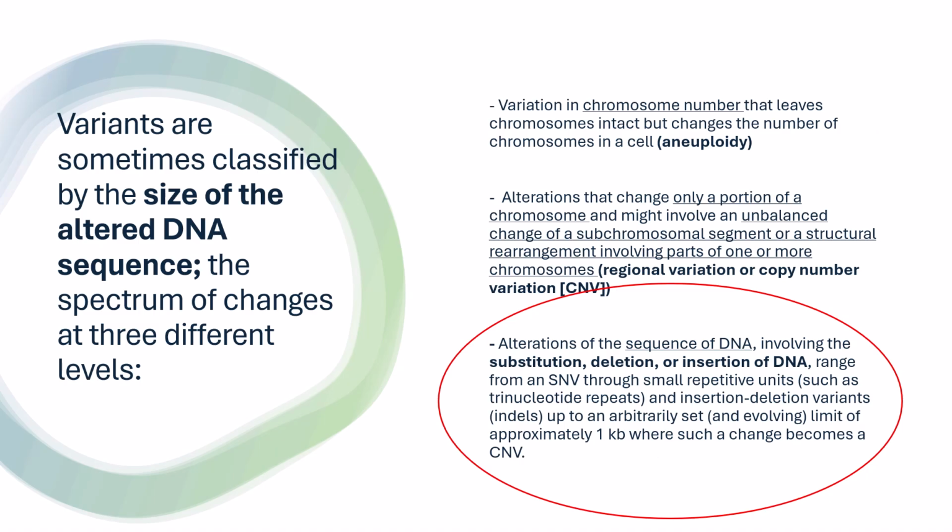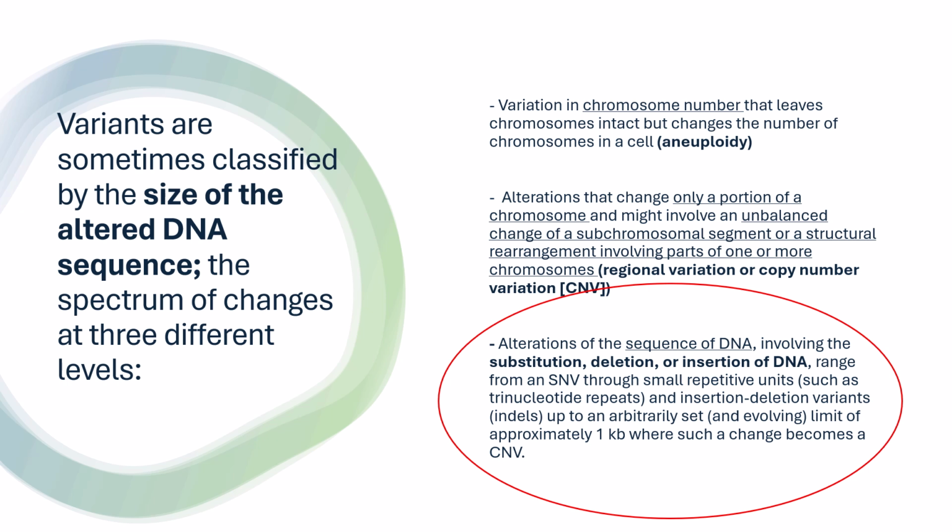Variants are sometimes classified by the size of the altered DNA sequence, and that can be subclassified into three different levels. It can happen at the level of chromosome number, so the chromosomes will be intact, but the changes will be in the number of chromosomes in the cell. Or it can happen to only a portion of a chromosome, what we call a change in the subchromosomal segment, or structural rearrangement involving parts or more of one chromosome or more than one chromosome.